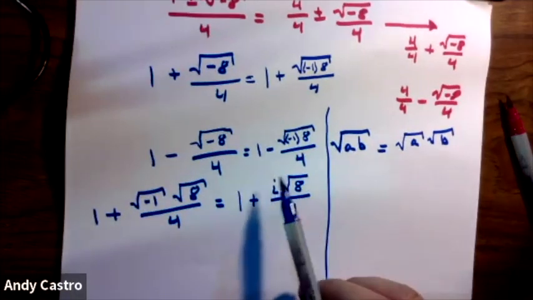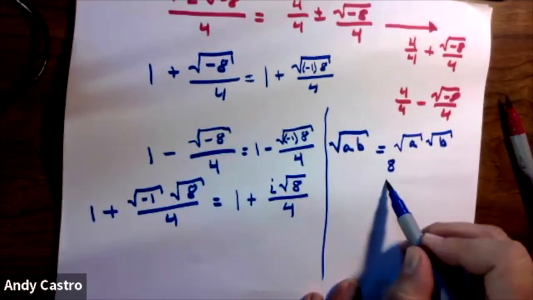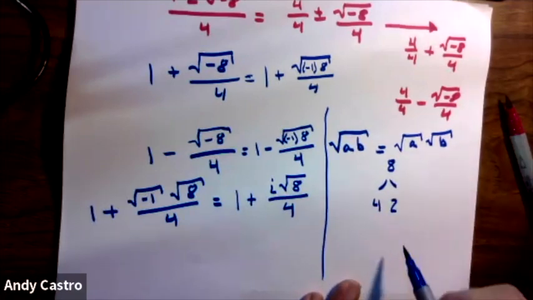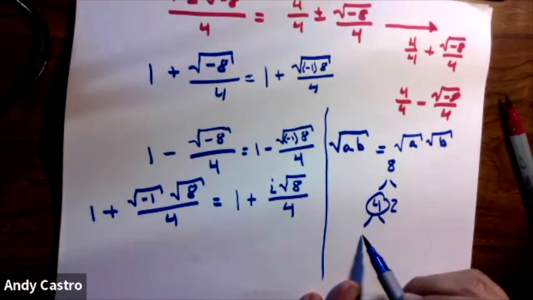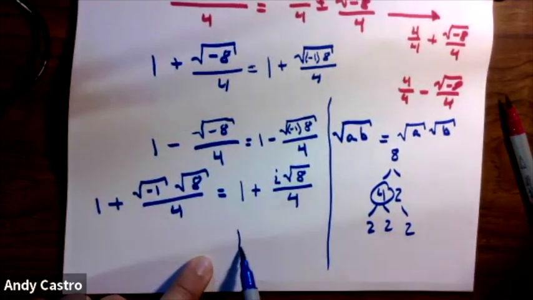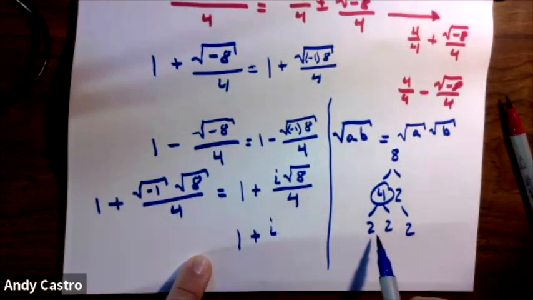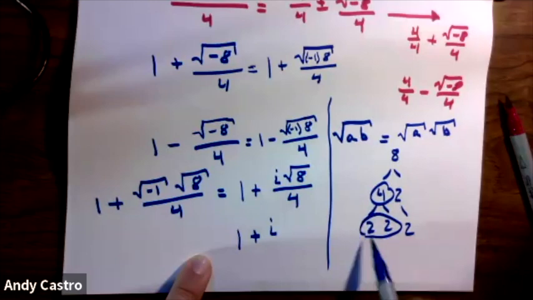Now, I can simplify this right here. That 8, it's the same thing as 4 and 2, and this is a perfect square because that's 2 and 2. So I can change this to 1 plus I times the square root of 4 times the square root of 2.